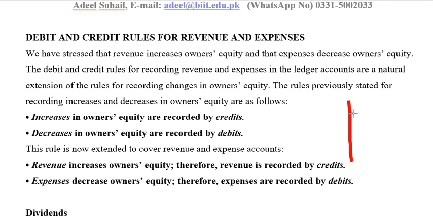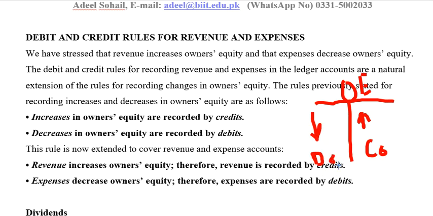We make a T account: increase in owner equity, it has a credit balance. Okay, increase in owner equity will be a credit, we write it as a credit. Okay, decrease in owner equity will be a debit.